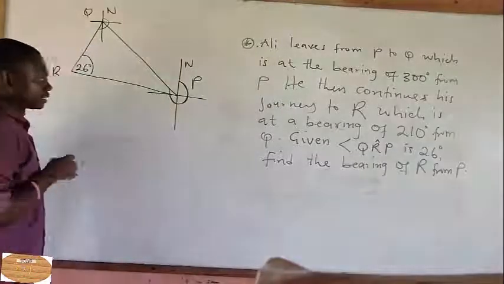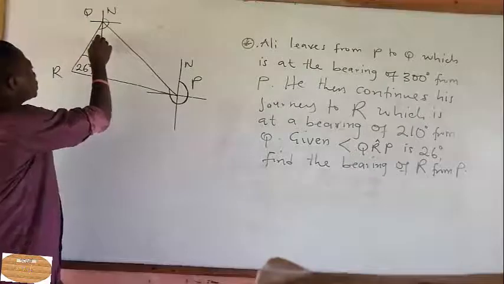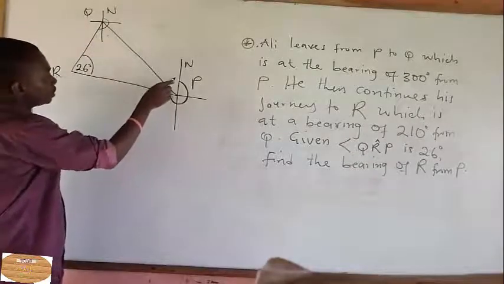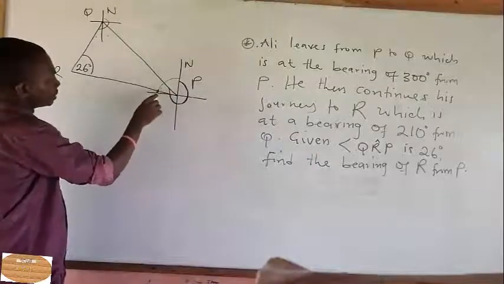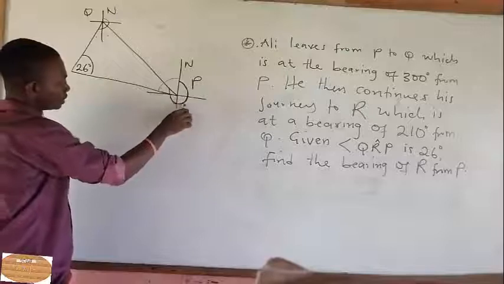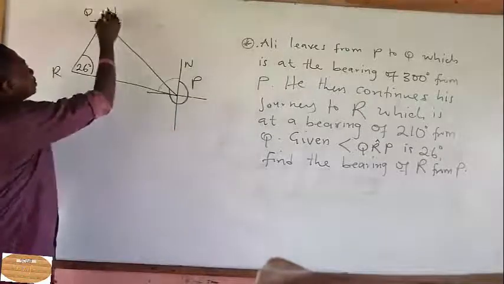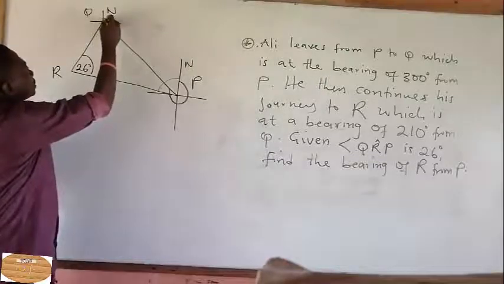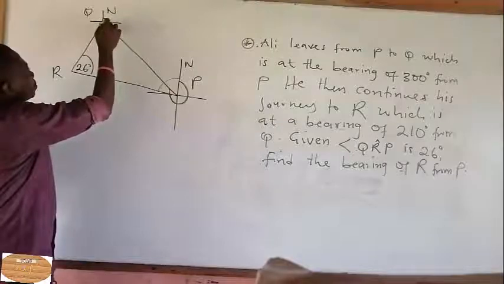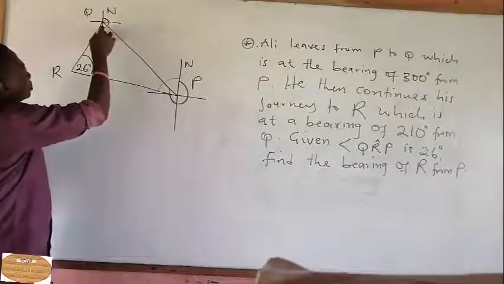But first, we need to get this side as well as this side. If we calculate this side and subtract from 360, we are left with this side. From this side to this side is 90 to 180, and from this side up to this side is 210.